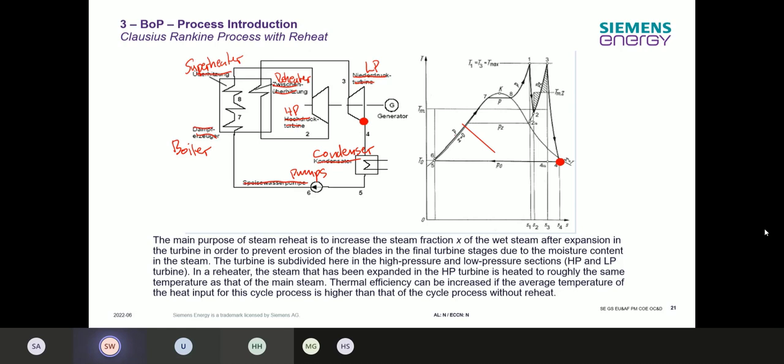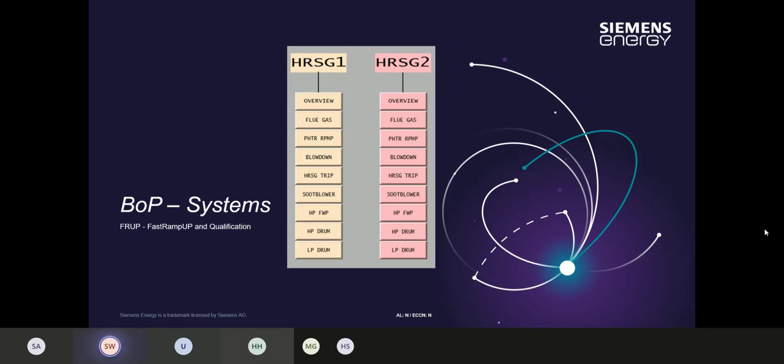Okay. Then we go on, of course, with the BOP system.